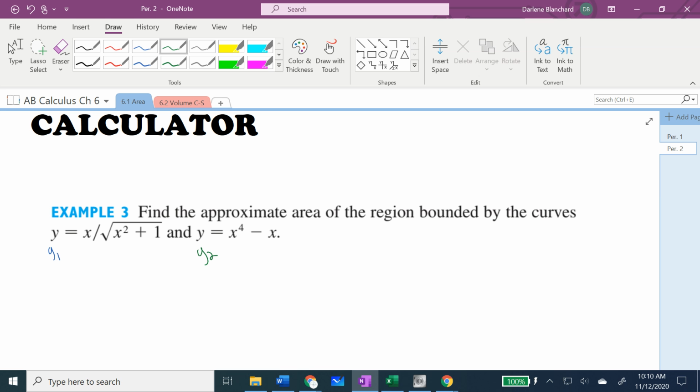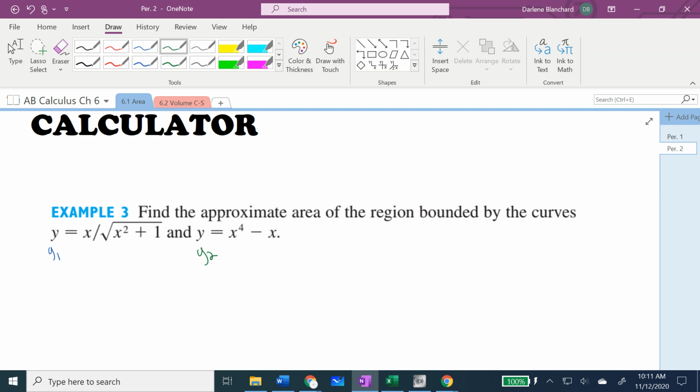As far as online tools, Desmos works really well, but it won't, at least that I know of. Maybe I should check to see if they've added a feature for finding area. I know there are some online things, and I can look it up and see if I can find something that'll help you do the same thing the calculator does.